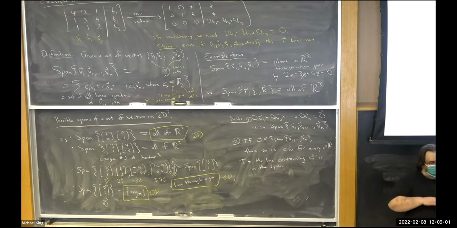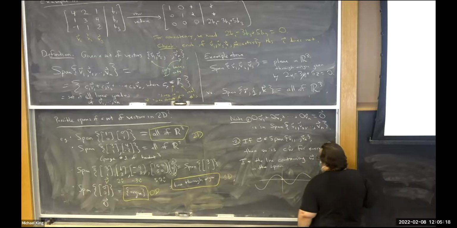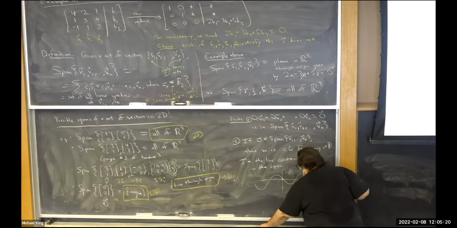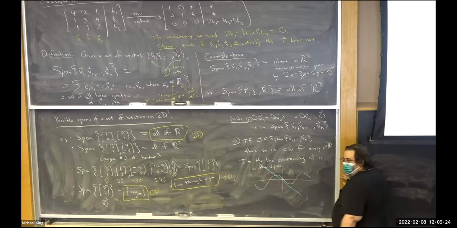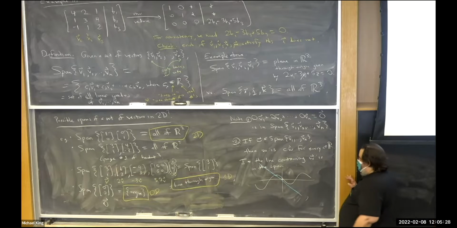Right, so it's kind of linear in that sense: we can't get curvy things because we could get off curvy things by scaling. Maybe that's silly, but if you had something like this, well, that's not sine, but that's something else, then this vector's in the span, which would really mean this whole line is in the span, and every line.